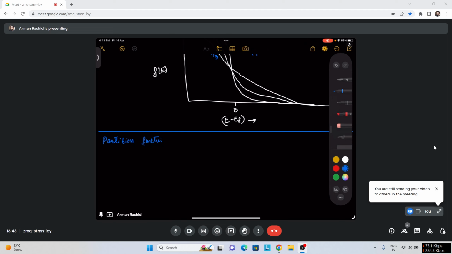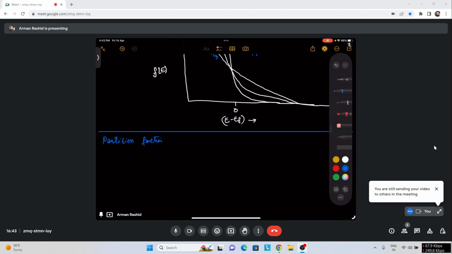The canonical partition function applies to the canonical ensemble, in which the system is allowed to exchange heat with the surroundings at a fixed temperature, volume, and number of particles. Then we have the grand canonical partition function. It applies to the grand canonical ensemble, in which the system can exchange both heat as well as number of particles with the surroundings at fixed temperature, volume, and chemical potential. Other types of partition functions can be identified under different circumstances.